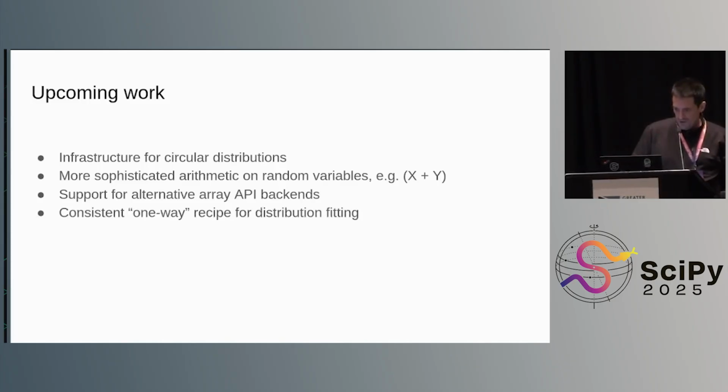Also, a consistent one way, meaning there's one way to do things, recipe for fitting distributions. The test case I'm interested in seeing is mixture models, having it be convenient and idiomatic to fit a mixture model. Then you could probably fit about anything.